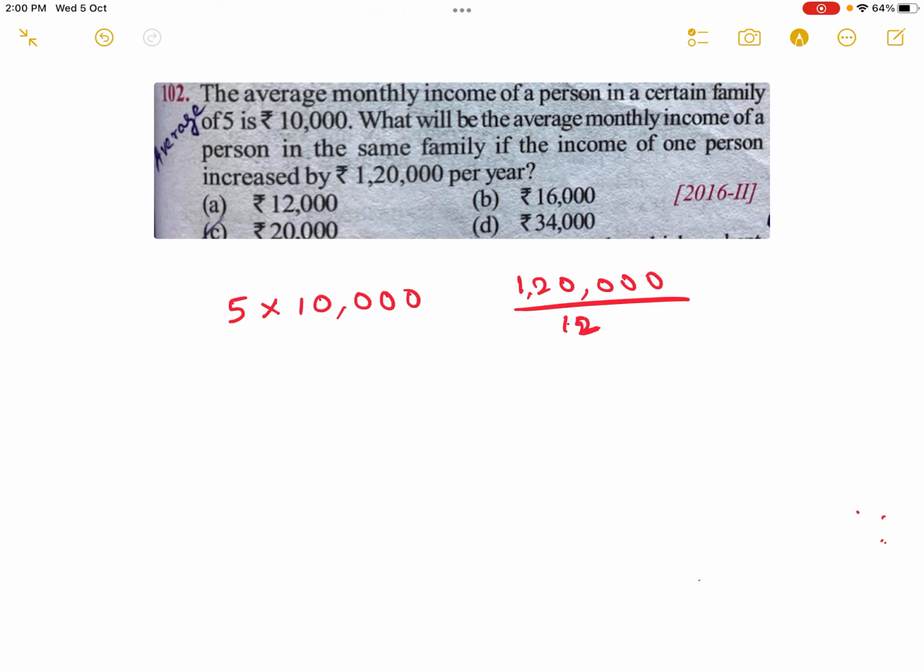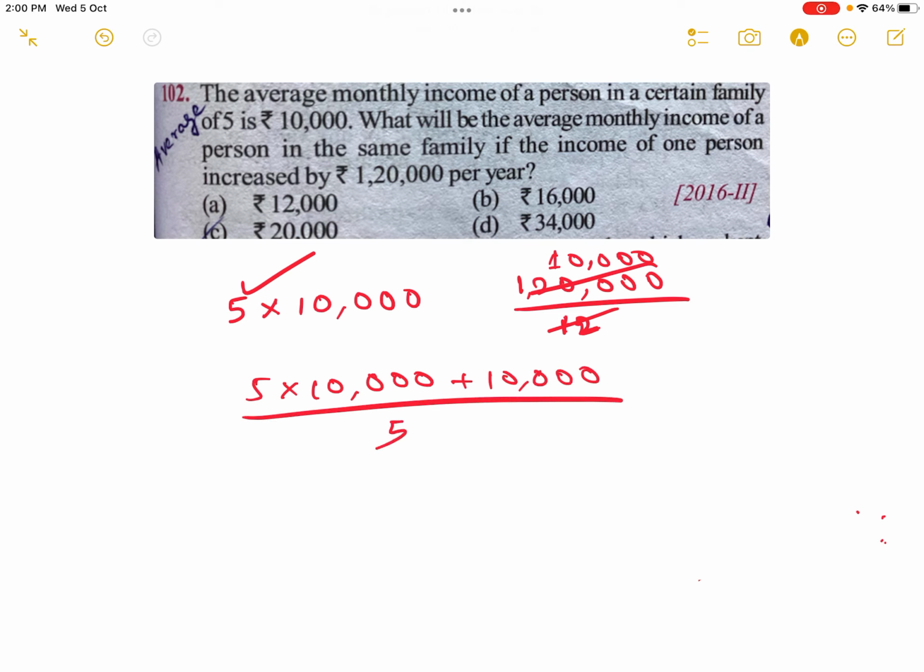So for 1 month the increment is 10,000. Then what will be the average monthly income of a person in the same family? Family of 5. So 5 into 10,000 plus this increment, divided by 5.